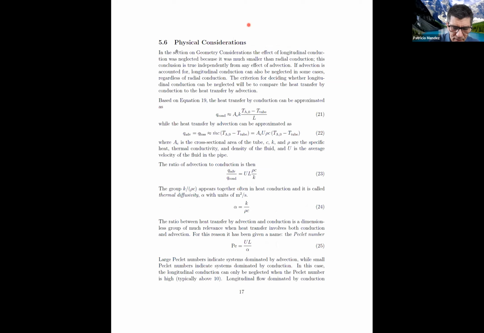Okay, I want to discuss a third consideration. First, we discussed symmetry, that is exact. If we have symmetry, our equation simplifies, and that's exact. Then we talked about simplifications based on geometry, in which if something is big and something is small, we're going to say that the small part is negligible.